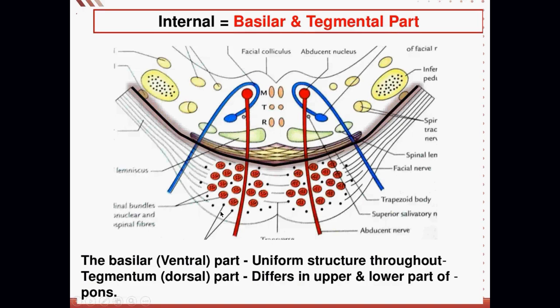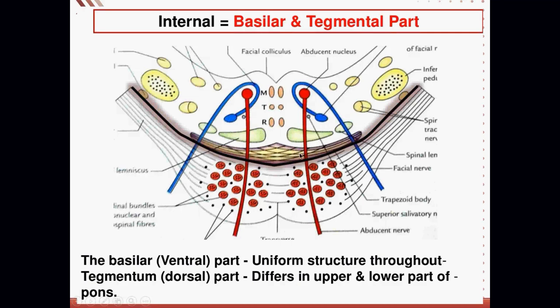We can see on the anterior surface of the Pons there is a transverse striation. This transverse striation is due to the pontocerebellar fibers. So the anterior or basilar part contains the corticospinal, corticonuclear and corticopontine fibers and pontocerebellar fibers.